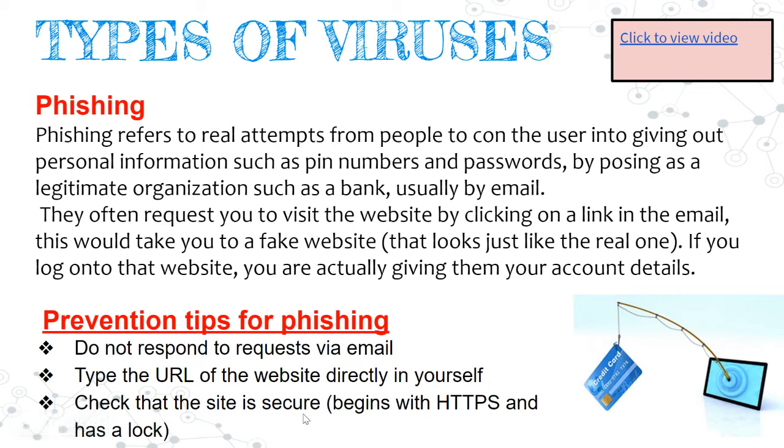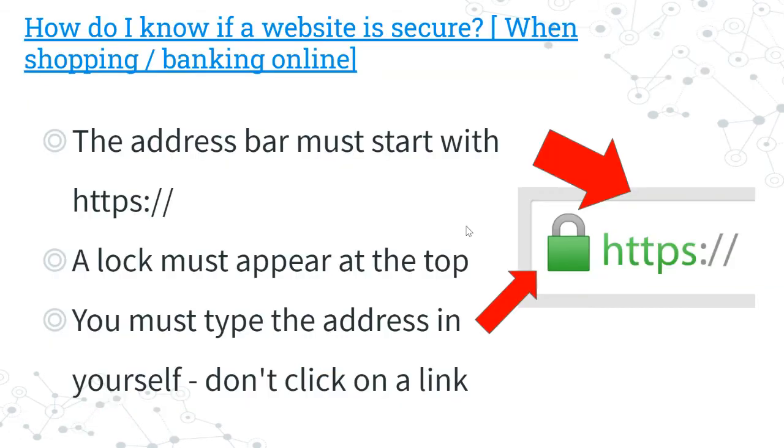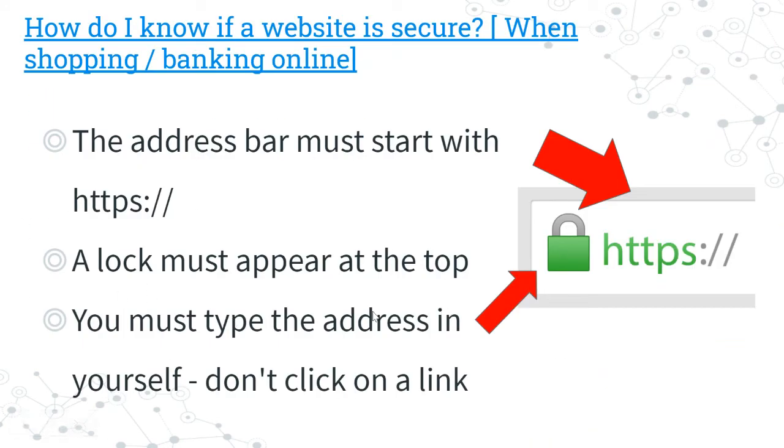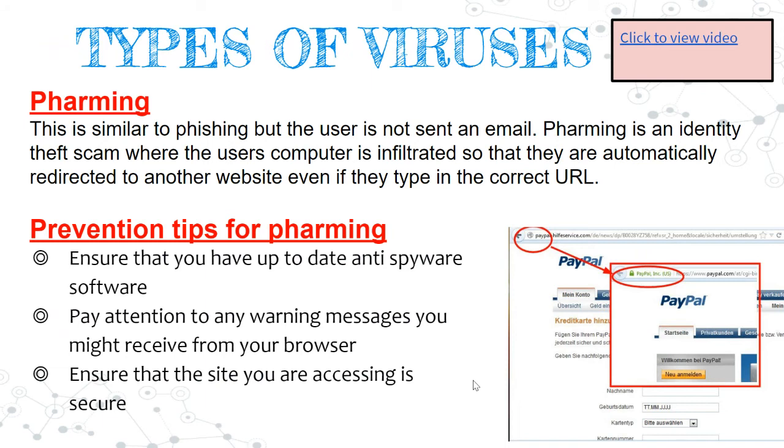Check that the site is secure, so it begins with HTTPS and it has a little lock icon. How do I know if a website's secure? Once again, the address has the S, there's a little lock, and you type the address in yourself, you don't click on the link. Because what they could do is, instead of absa.co.za, they'll have a.bsa.co.za. It looks very similar and it's easy to just miss.